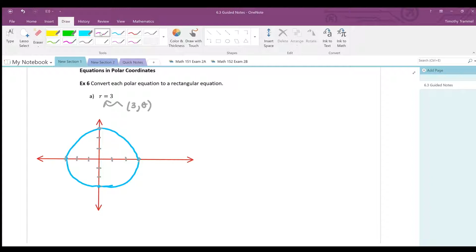Now, how do we verify this algebraically? Well, it's going to require us to be a little tricky. What we're going to have to do is actually square each side of this equation.